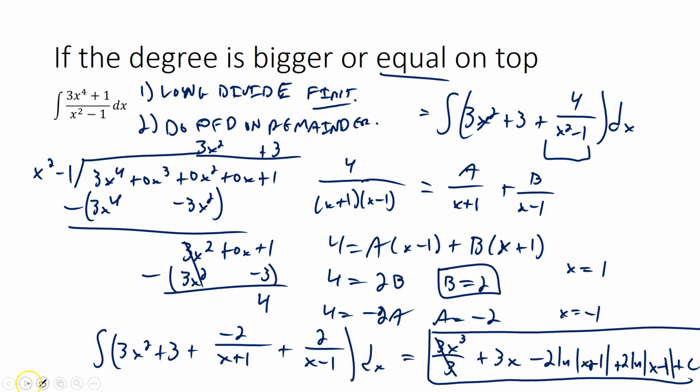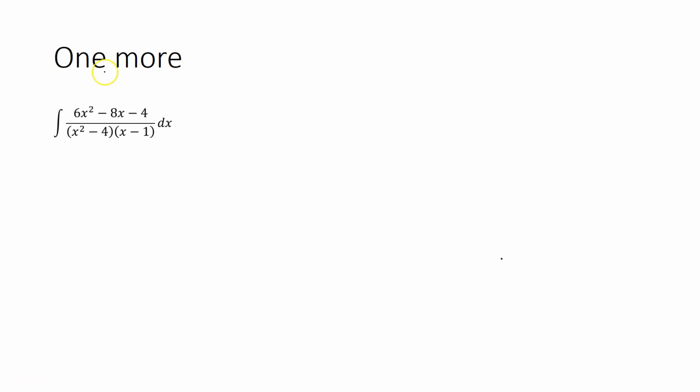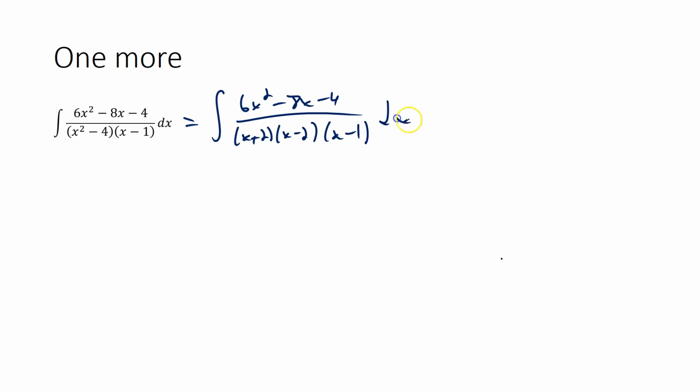Cool. Got one more. So factorable denominator, it's almost already factored for us. So this is the integral of 6x squared minus 8x minus 4. You've got to factor this first part, right? So it's (x plus 2)(x minus 2) times (x minus 1). Ooh, 3 factors. Oh boy. Okay, so let's just focus on this right now.